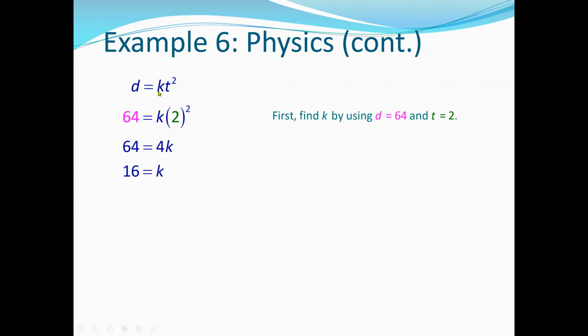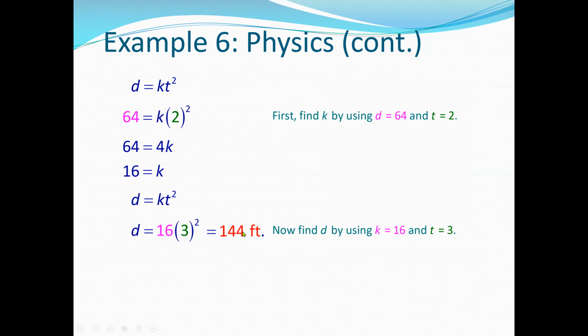We plug 16 for K and 3 for T, and that will give us the distance for 3 seconds. So we get 16 times 3 squared, and that gives us 144 feet. So this means, again, if the item is falling for 3 seconds, it will fall up to 144 feet.